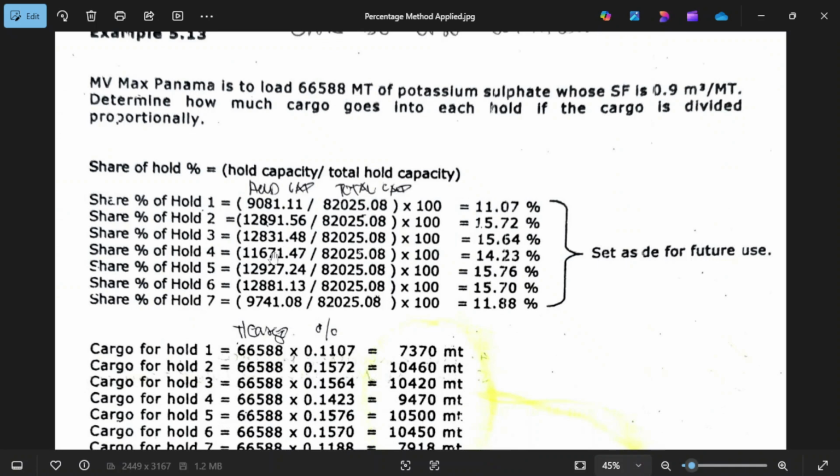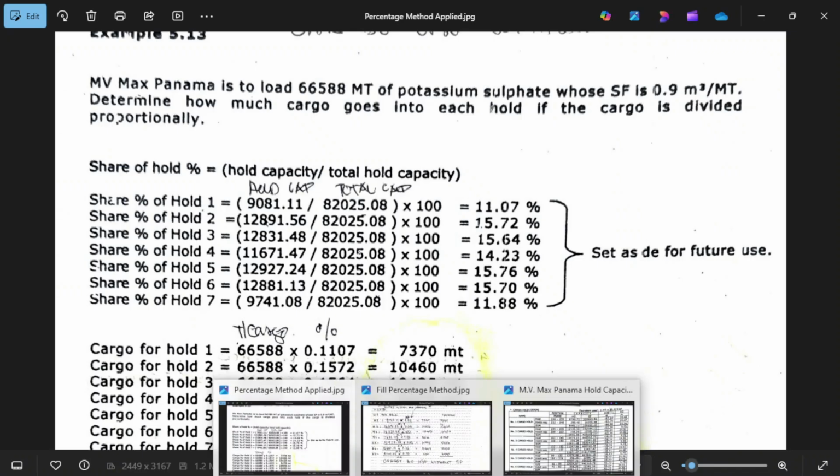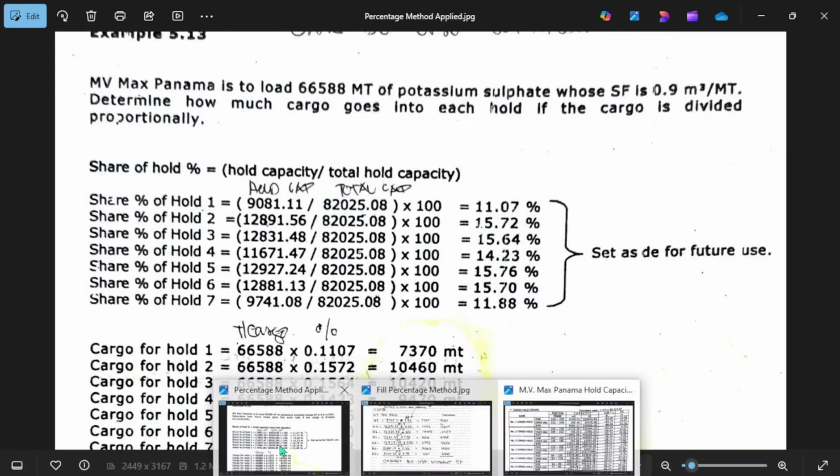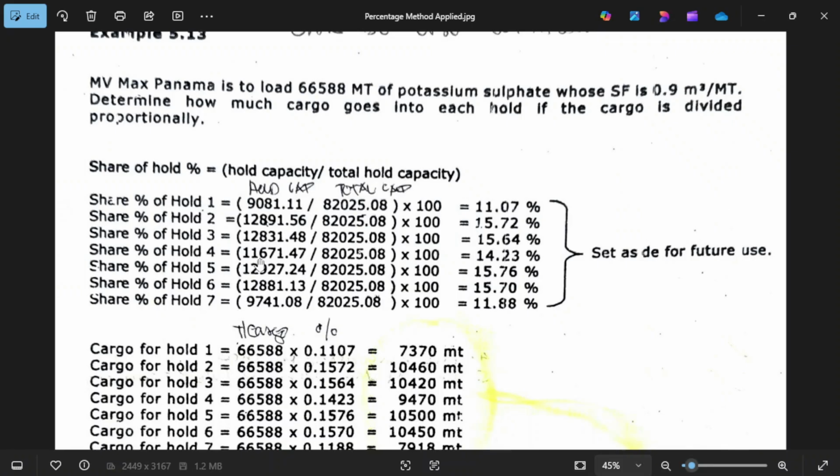Number 3 is 12831.48, and number 4 is 1167.147, and number 5 is 129727.24.